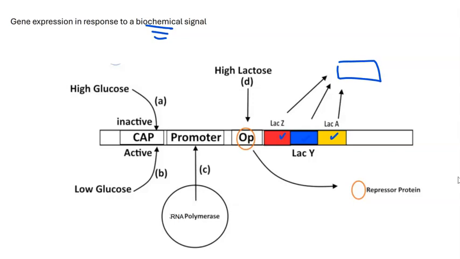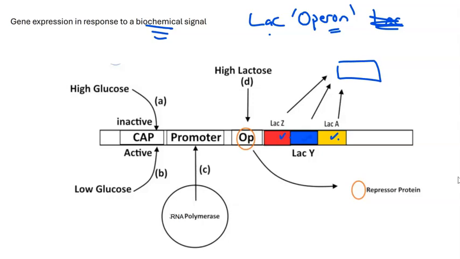Upstream of these three genes, now I should have said that where we are looking at three genes being controlled together, that's what an operon is. So that's why it's called Lac Operon. So Lac refers to the lactose, and operon is the fact that there are three genes being regulated at the same time.